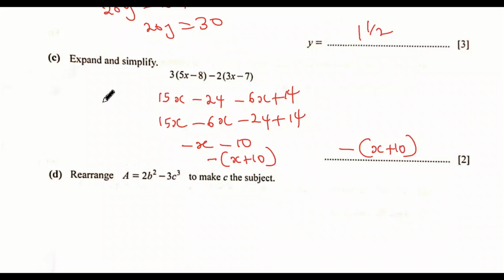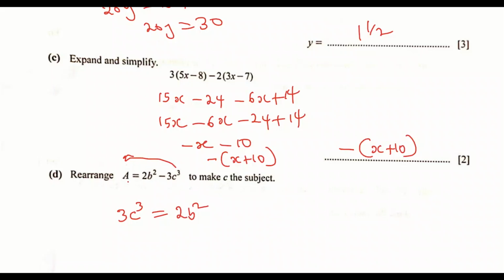So the next one is to rearrange, that is this 2d. We have a equals 2b squared minus 3c cubed. So to make c the subject, minus 3c cubed, we transfer it to the other side. So the left hand side will become positive. We have 3c cubed equals, by the right hand side we have 2b squared.